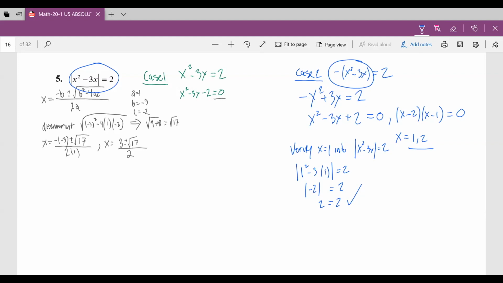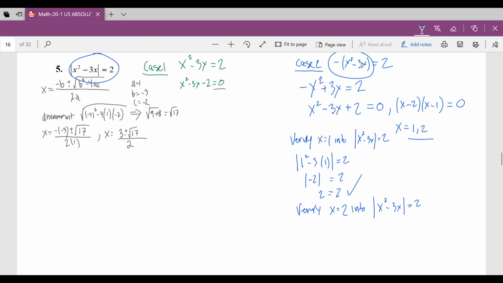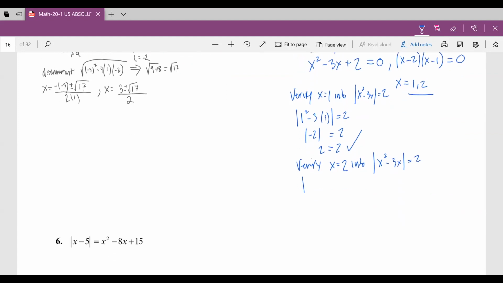And now we're also going to verify x equals 2 in the same equation, the absolute value of x squared minus 3x equals 2. We get the absolute value of 2 squared minus 3 times 2 equals 2.